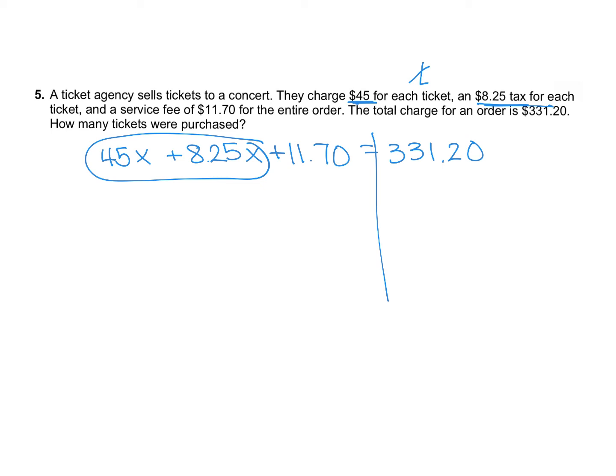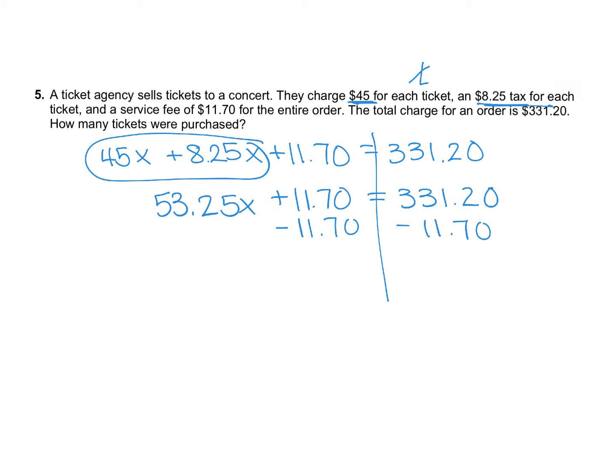So before we can isolate the variable, let's go ahead and simplify right here. I'll take my 45 plus my $8.25, and I'm going to have $53.25x plus $11.70. All right, so now we're going to minus the $11.70, and I'm going to have $53.25x, and so 331.20 minus 11.70, and we're going to have $319.50.